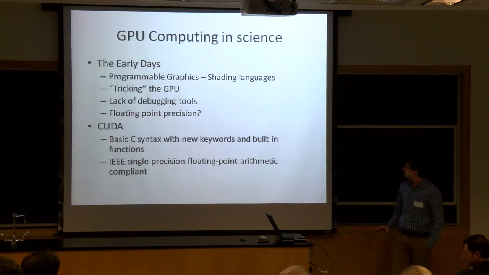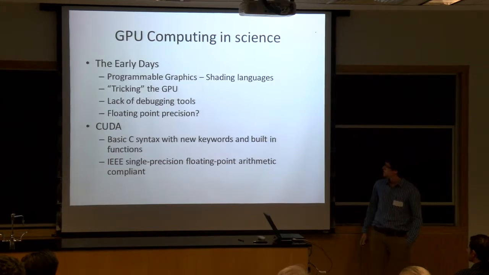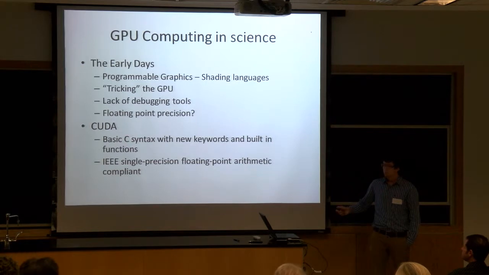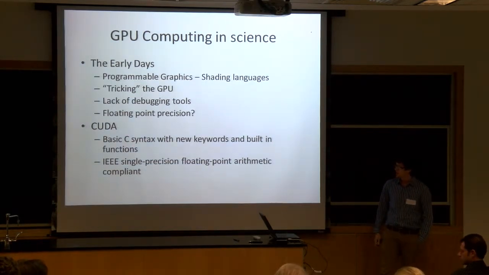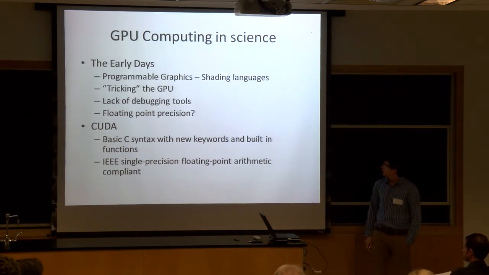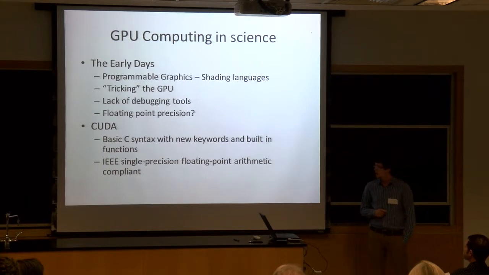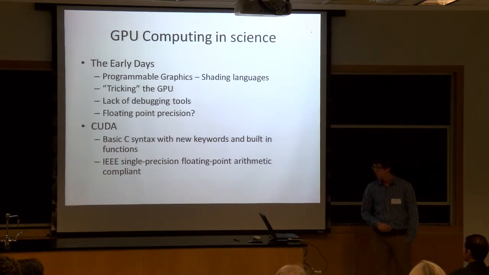Printing an image is not scientific research, so they don't need the same precision. Then NVIDIA developed the CUDA programming environment for their graphics cards that allows you to program with basic C syntax that any programmer would know, with some new keywords and built-in functions. They also guaranteed single precision floating point arithmetic would be compliant with the standards, and these days it's also double precision capable.